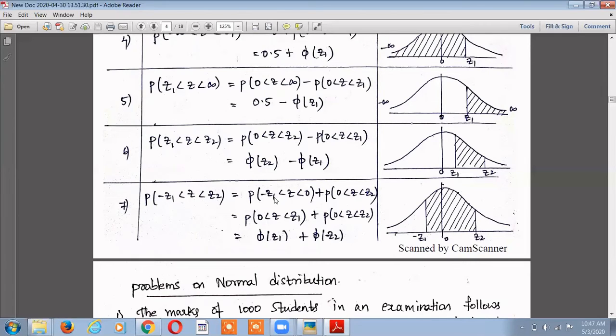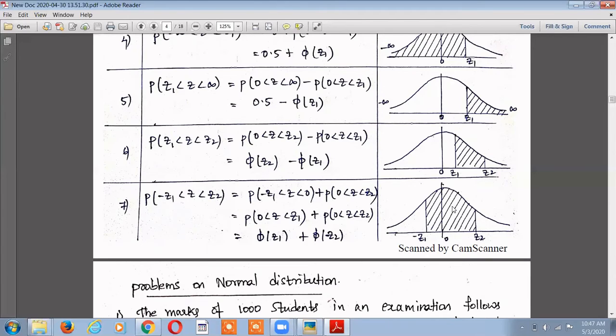It is P of z between minus z1 to 0 plus P of z between 0 to z2. Since the graph is symmetric, minus z1 to 0 can be written as 0 to z1.